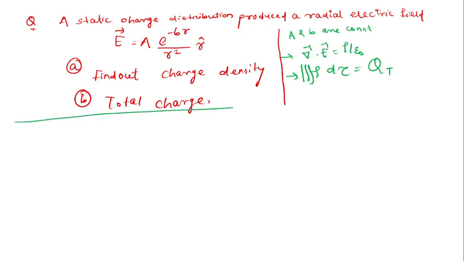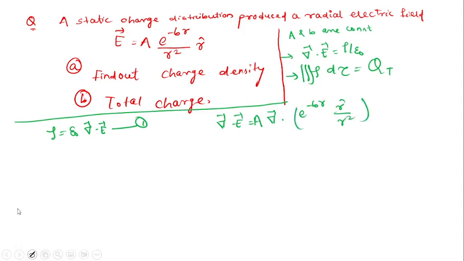So to find rho, we use rho is equal to epsilon naught del dot E, this is equation 1. Now we have to find del dot E, which is equal to del dot of A, a constant which is outside, e to the power minus br r cap upon r square.